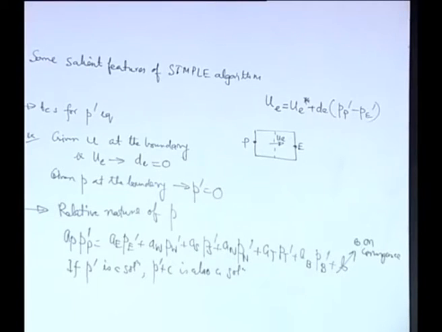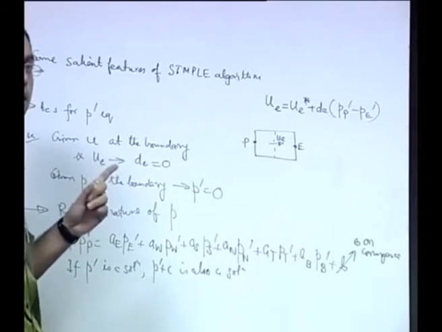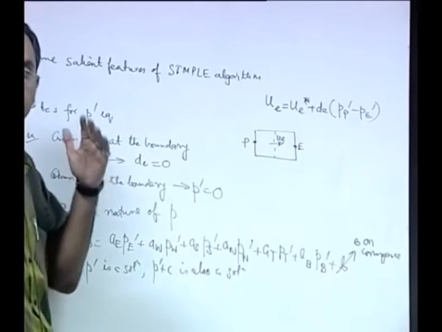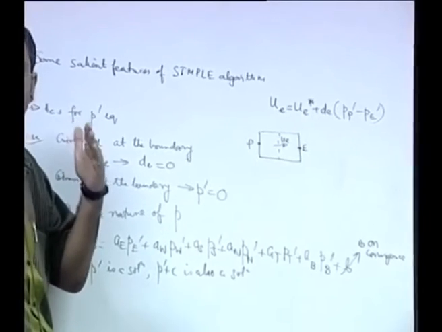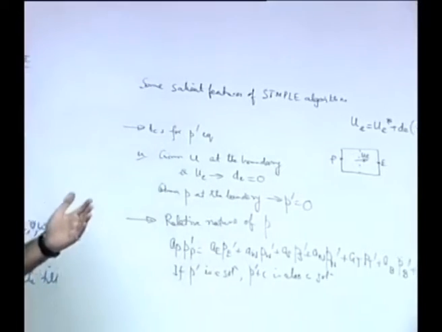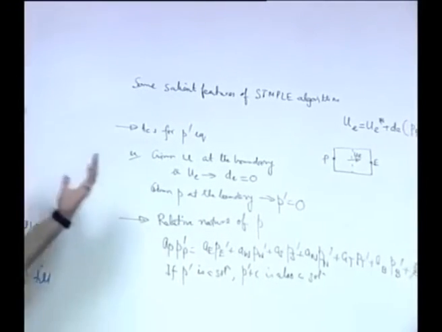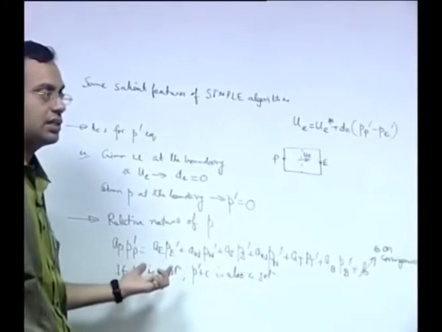Of course, you can get a unique solution if you set the pressure correction at a particular point equal to a reference value, and you can calculate the pressure corrections at other points based on that reference value. But otherwise there is no sanctity about the value of the pressure correction.